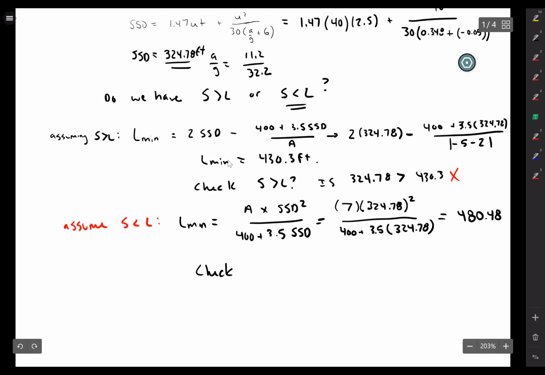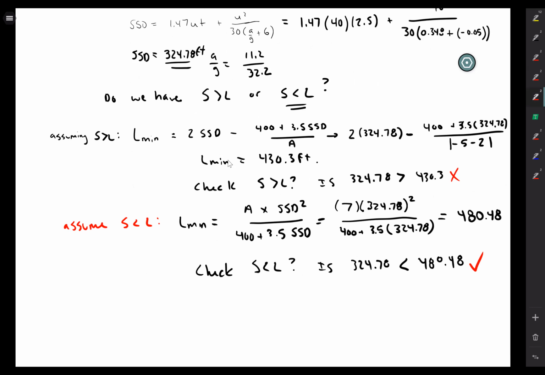Just to be sure, you can all see where I'm going with this. Check that S is less than L. So is 324.78 less than 480? Well, of course it is. So we're good to go there.